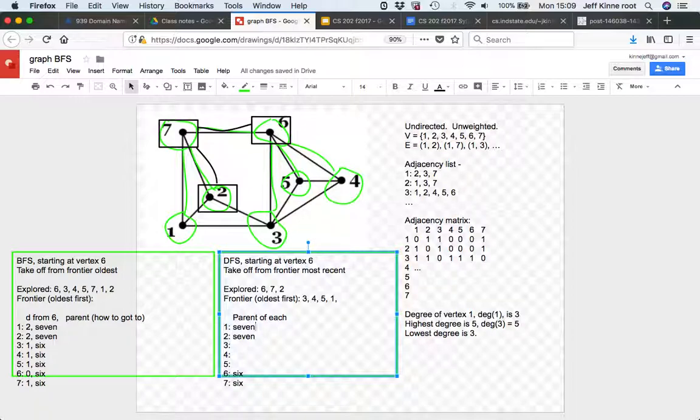We've got 7 as the parent of 1. 3 should have also been, let's see, 3 should have had parent 6, because it was a neighbor of 6 that we initially put on. 4 should have been a neighbor of 6. 5 should have been a neighbor of 6. Sorry, a parent being 6 there. Okay, so that would actually be it.